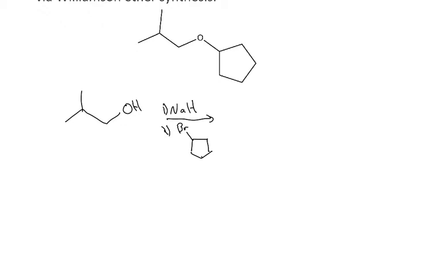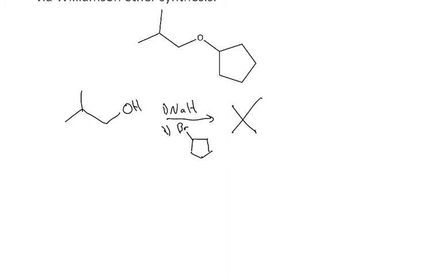All right. Now, does anybody see a potential problem with this? Well, I think the problem is going to be that this is a secondary alkyl halide. So when I deprotonate this with the sodium hydride, instead of getting substitution, I'm going to get elimination. And so that is not going to give me the ether that I want, right?